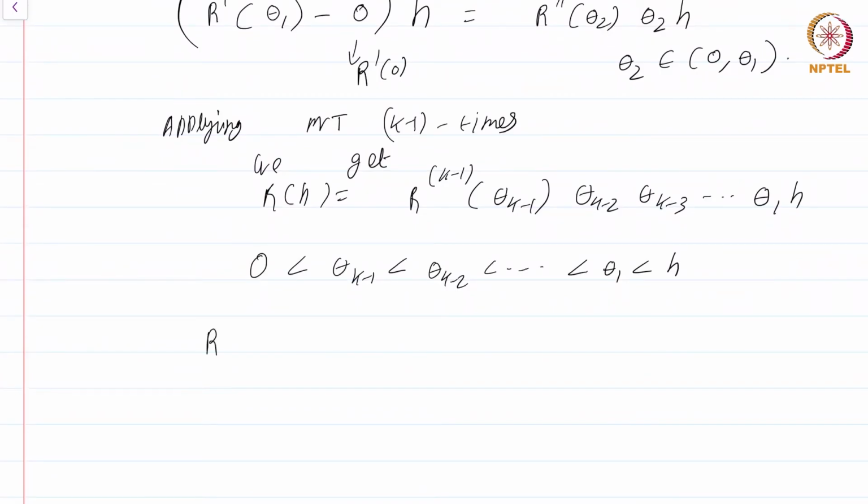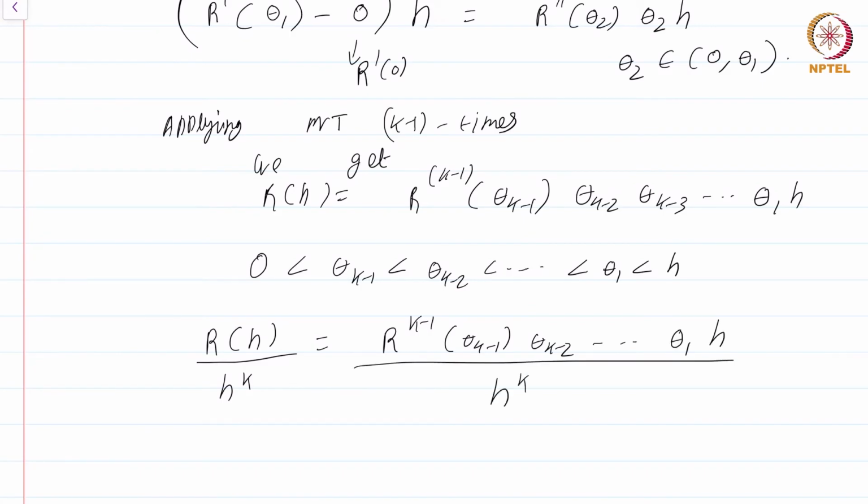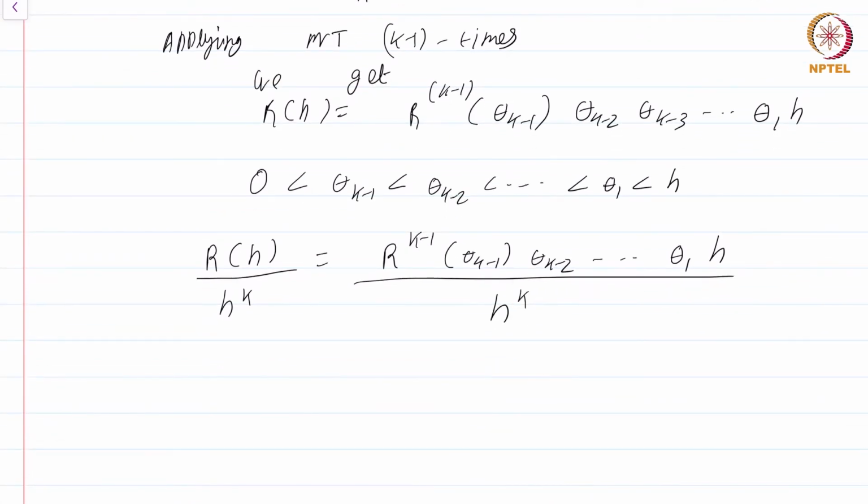Now the quantity we are interested in is r of h by h^k. Okay, and this just turns out to be r^(k-1) of theta k minus 1, theta k minus 2, ..., theta 1 h by h^k. Now how are we going to simplify this? Well, observe that these theta k minus 1, theta k minus 2 are all less than h.